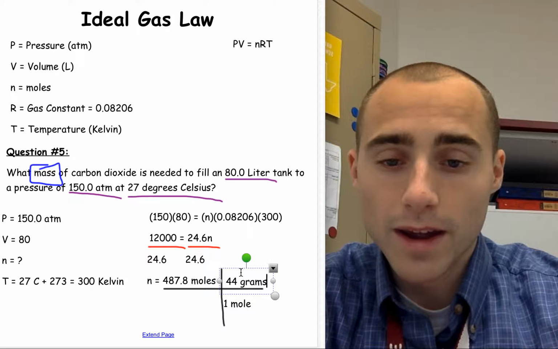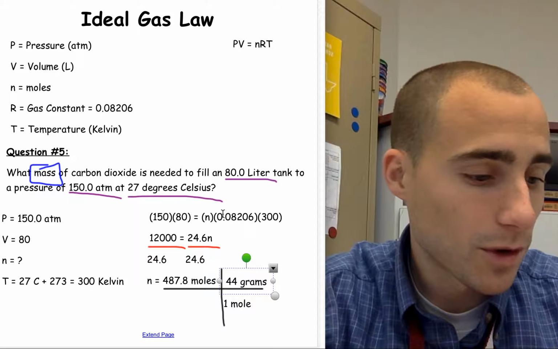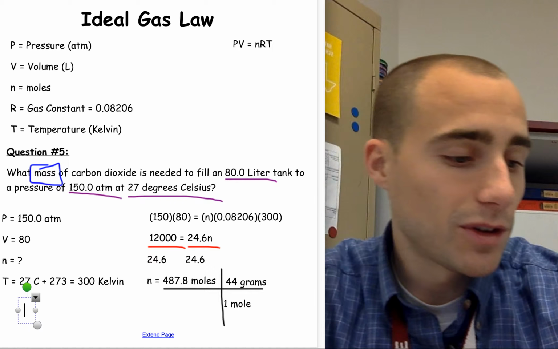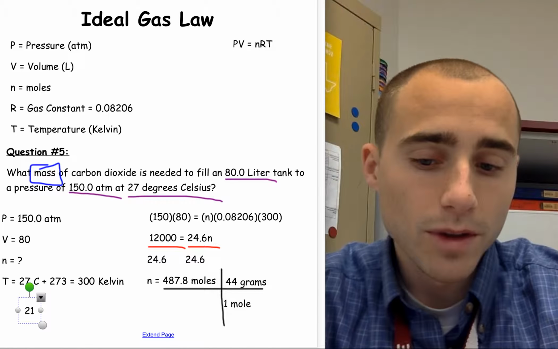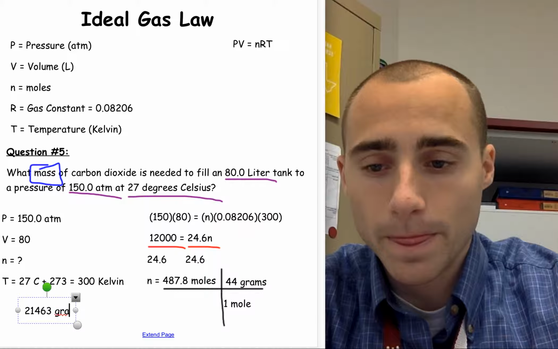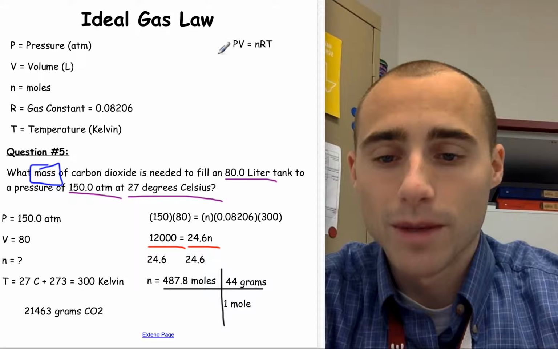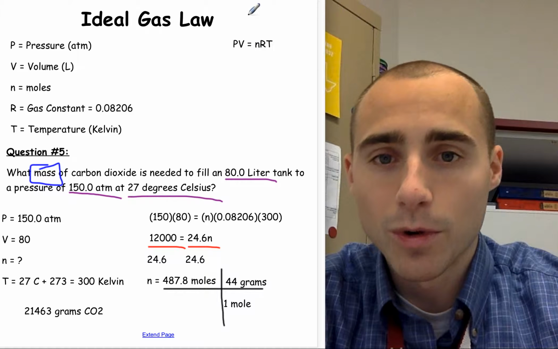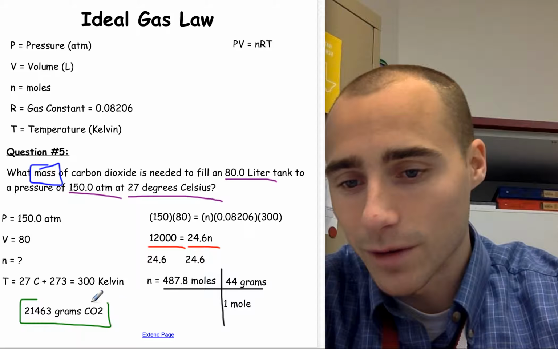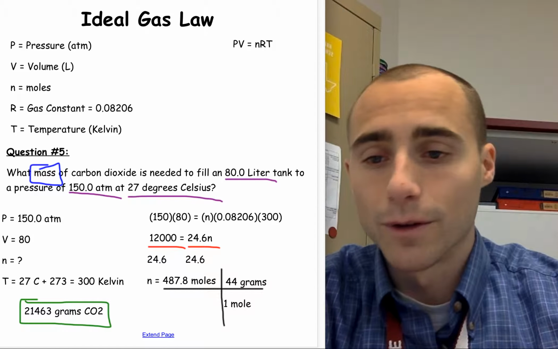It's 44 grams, the molar mass of carbon dioxide, so then you have to do 487.8 times 44. So the actual correct answer, and kudos to you if you got this right, is 21,463 grams of carbon dioxide. That is the correct answer. I imagine a lot of you probably got 487.8 and circled that as your answer, but because it's asking for mass at the very end, we needed to convert to grams. So that's a little bit of a trick question there, so go back and check that for sure.